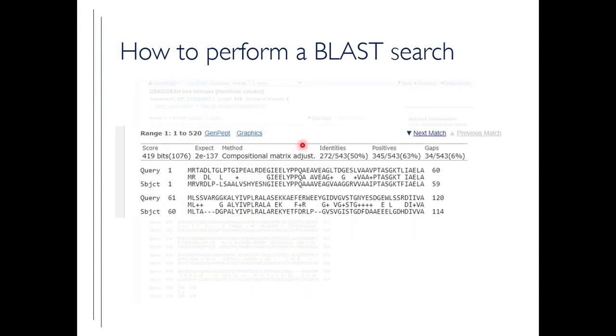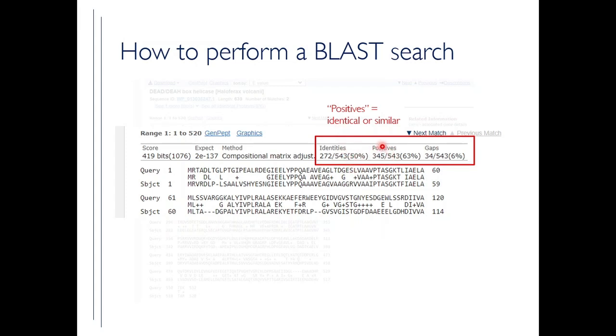So let's zoom in to that particular bit, and talk about some of the things here. First one is identities. This means 272 residues here have been matched as identical. So they absolutely match the query sequence, but it only makes up 50% or so of the residues.